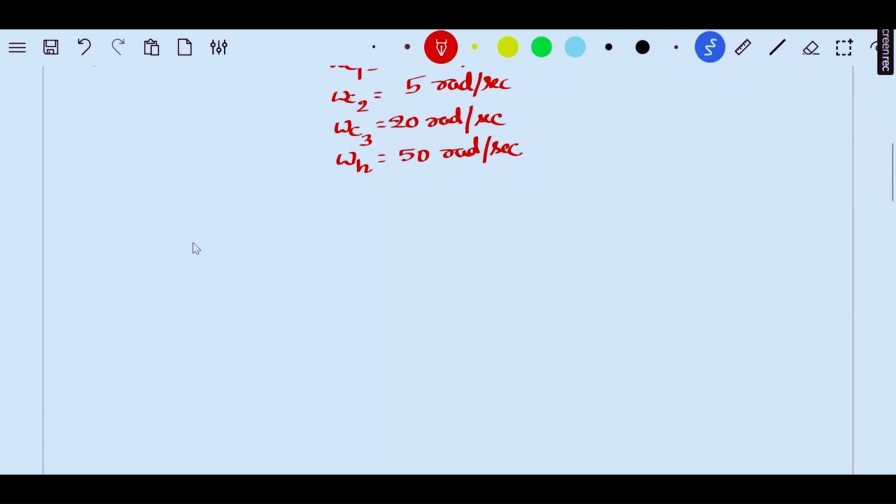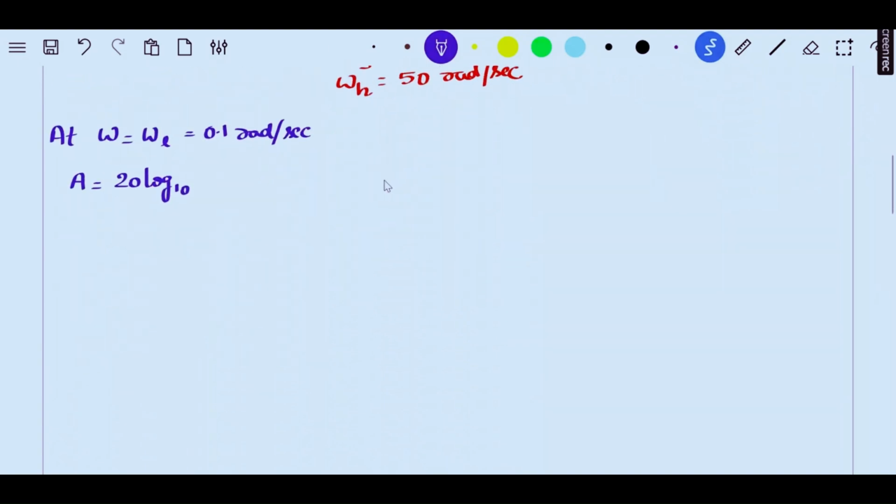Okay, now let us calculate the magnitude values for these corner frequencies. Initially, we take omega equals omega L, which is equal to 0.1 radians per second. We have A equals 20 log to the base 10 of the K value. The K value in our problem is 0.3125. So 20 log of 0.3125 divided by 0.1.